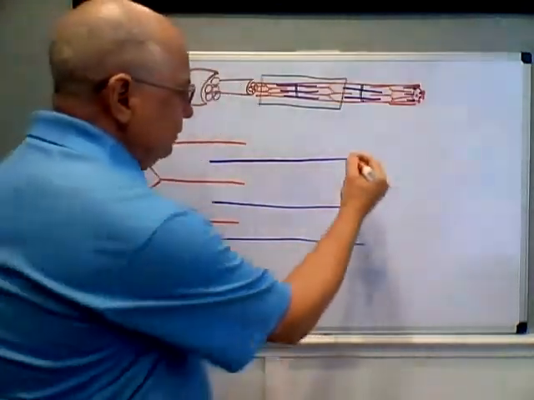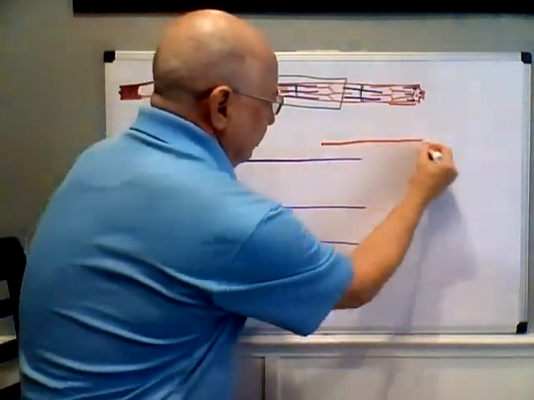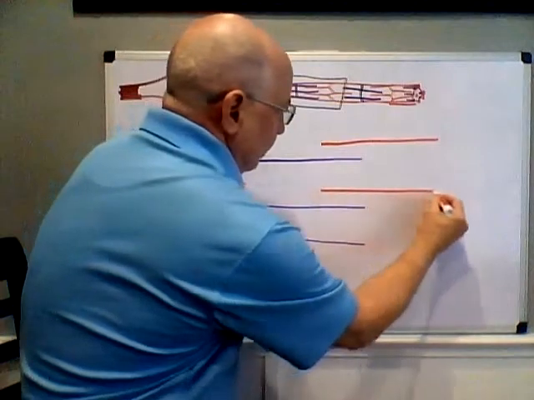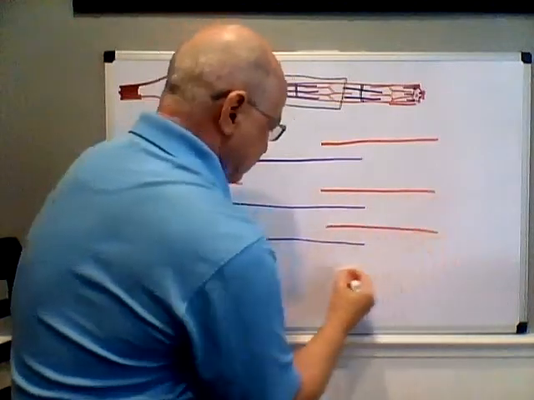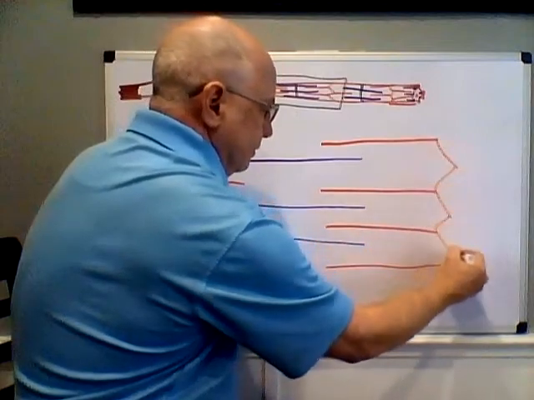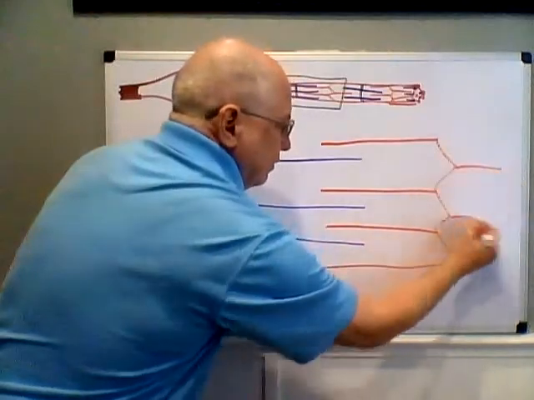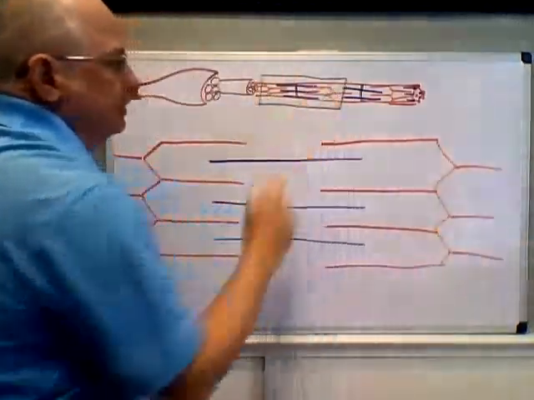Now, on the other end, overlapping the same amount, or roughly the same amount, I'm going to draw 4 more red lines, like this, and then I'm going to connect them like so. And then sticking off here would be these proteins on the other side.